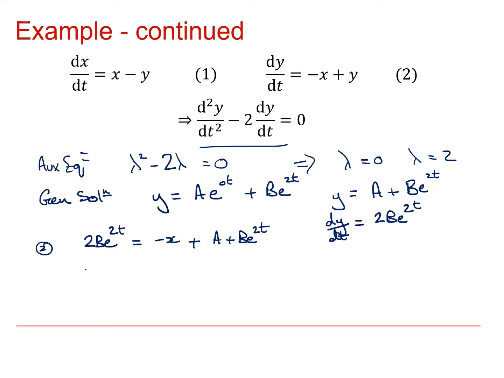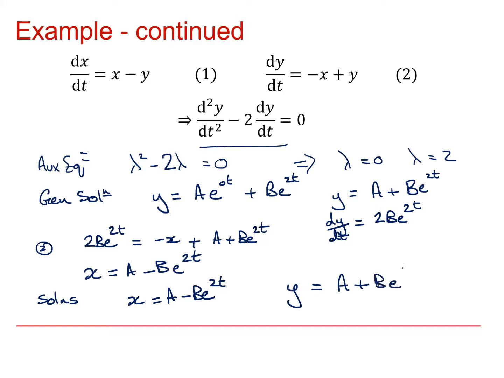And rearranging that gives me x equals a minus b e to the 2t. And so my solutions are x is equal to a minus b e to the 2t, and y equals a plus b e to the 2t.